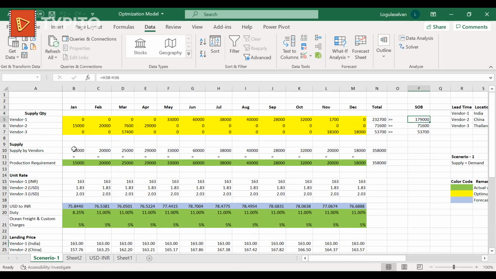He also comes up with a business plan of from which location or source he has to procure the material and at what period. Basically, most of the supplies are from the Indian vendor in the mid year; in the year starting, the China vendor is supporting; in the year end, the Thailand vendor is giving more support.